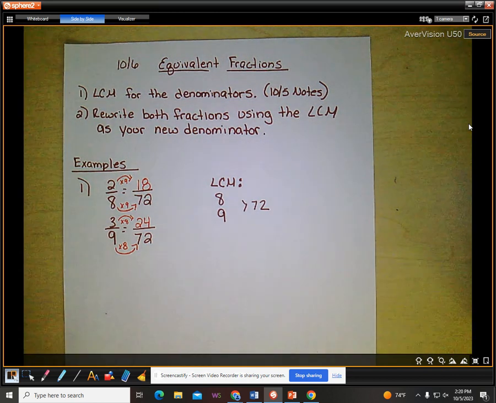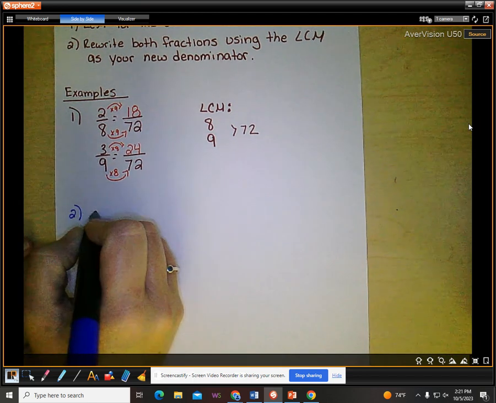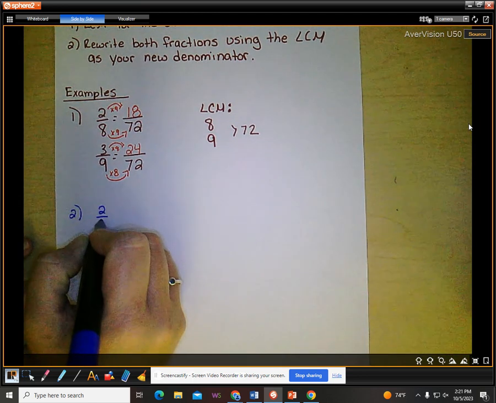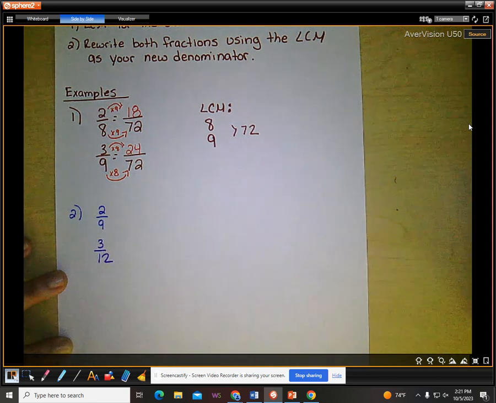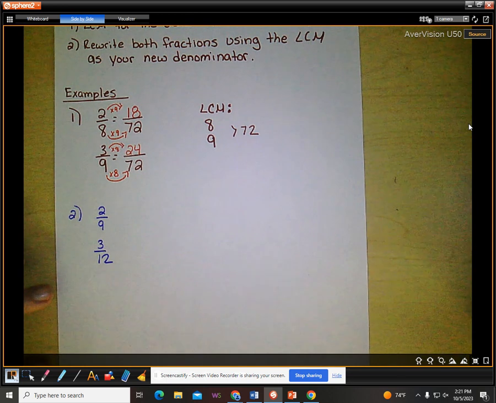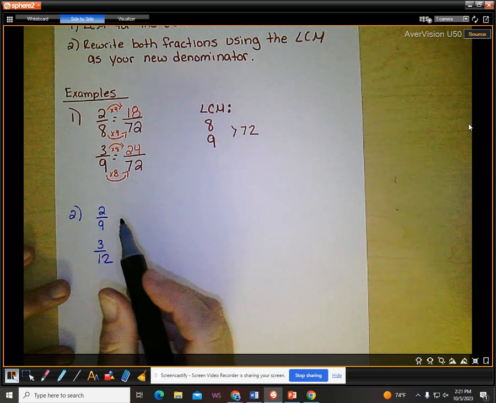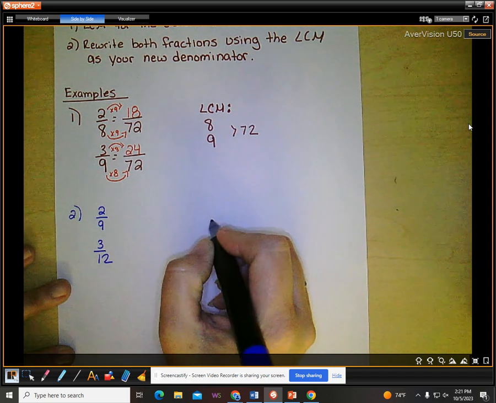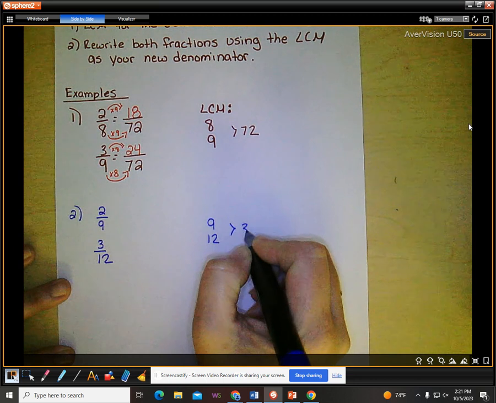Then, another set of fractions. If I have the fractions 2/9 and 3/12. Again, these are examples from yesterday. Yesterday, we found that the least common multiple for 9 and 12 was 36.